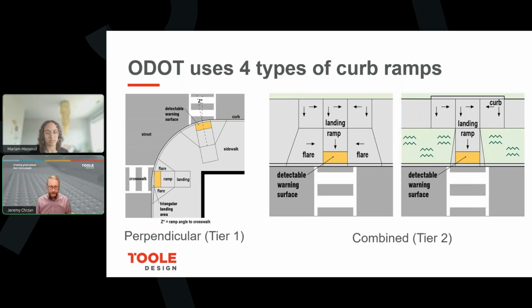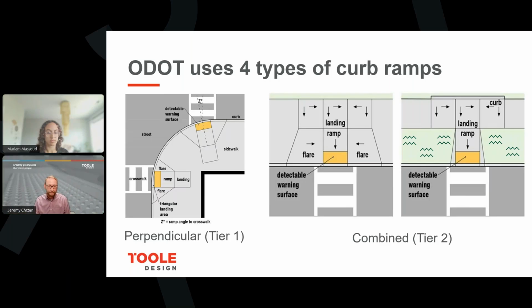And essentially, designers should not default to a lower tier unless they've determined that the upper tier is not going to be constructible. And that evaluation could be based on a number of factors: the scope of your project, whether there are drainage features or utilities in the way, right-of-way restrictions if right-of-way acquisition is not one of your project components, as well as operational or geometric features.